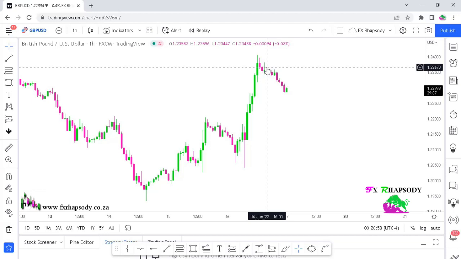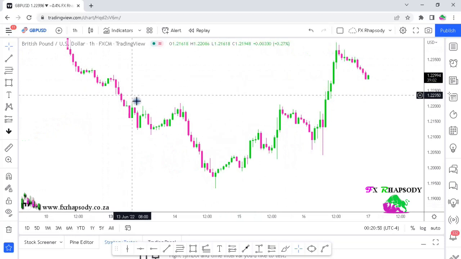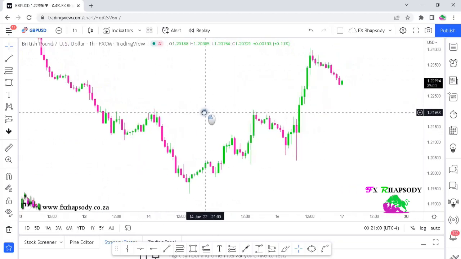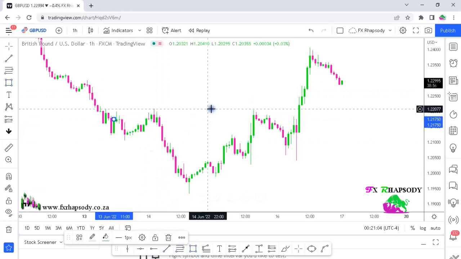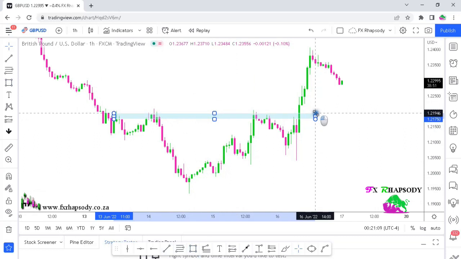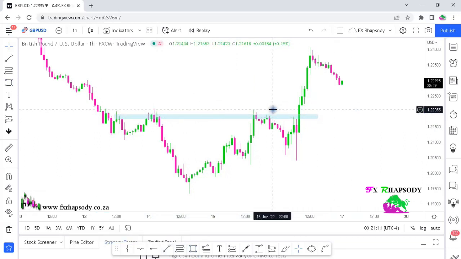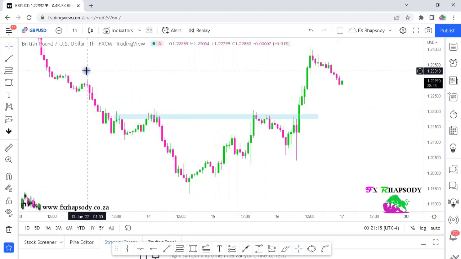So we can see that the pound made its way to the bottom, and everywhere that it makes little structures in the market, I'm just going to highlight a little structure here. You highlight it out, and you draw it to the side. So price came down, and you also have all these little structures here.